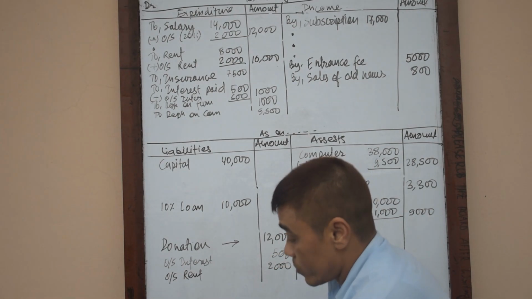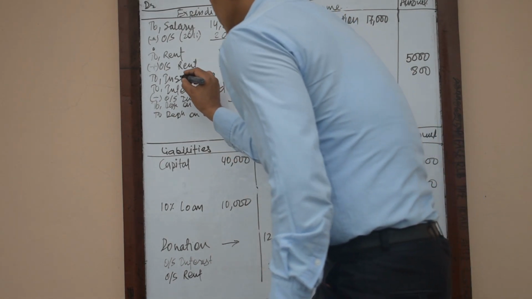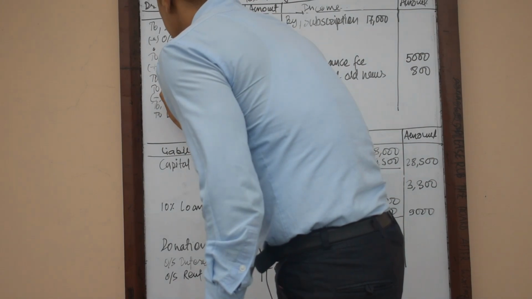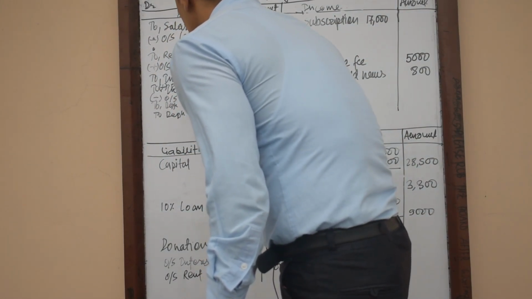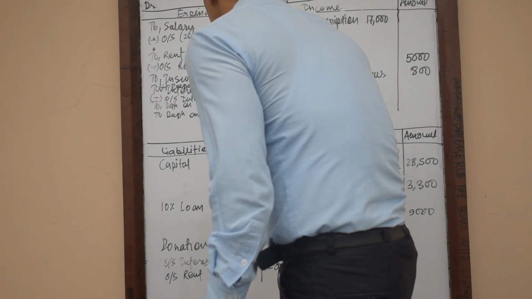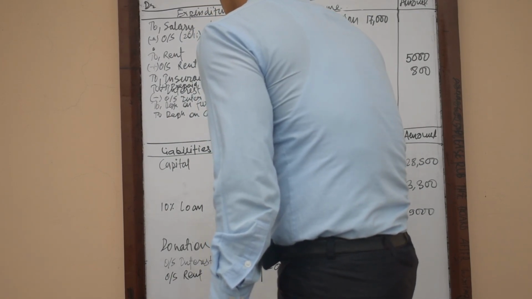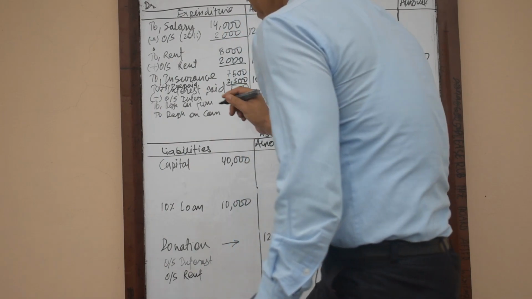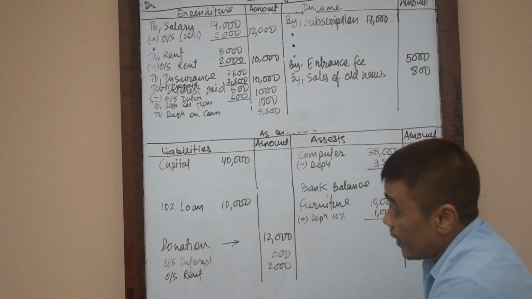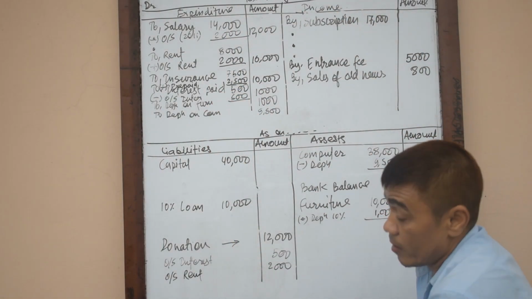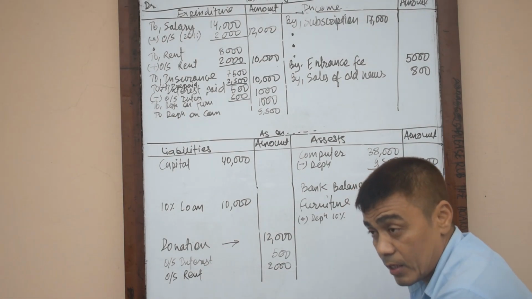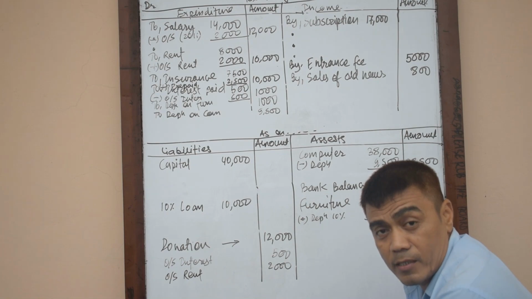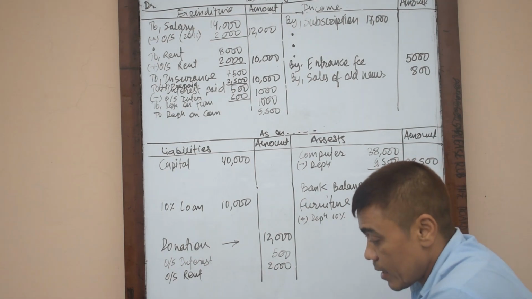Prepaid insurance is 2,500, so we need to add it here. That means total expenditure of the insurance is 10,000 for this year. And now we are not going to write this prepaid of the past year as assets, because this is not this year's advance, it is previous year's advance, that is why.